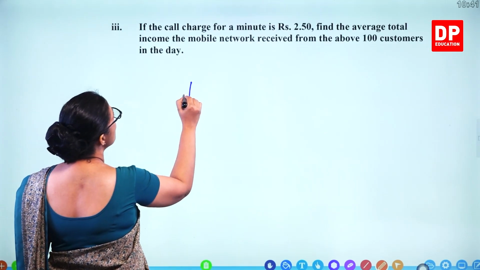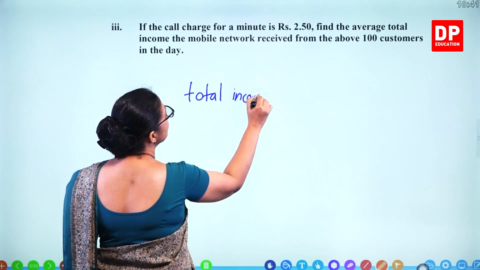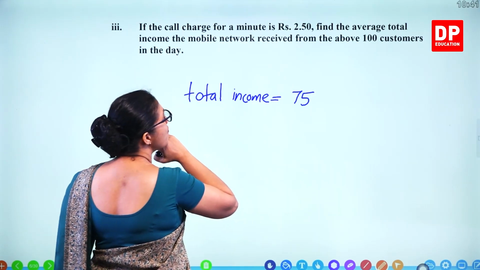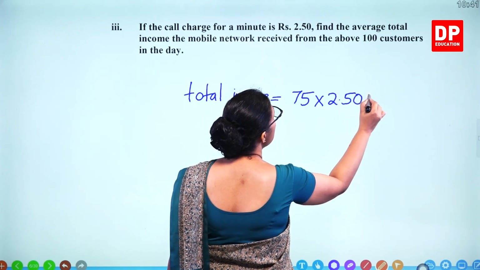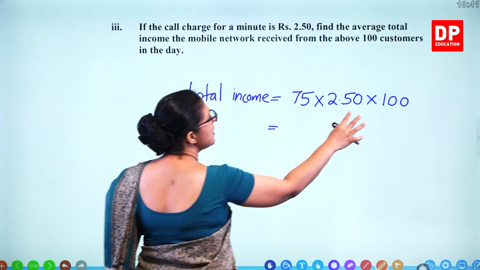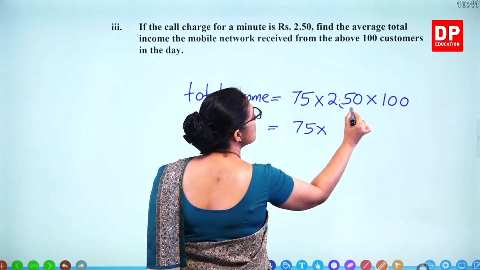So what's the total income? 75 is the number of minutes, multiplied by 250, multiplied by 100. So that means you get 75 times 2 places here.